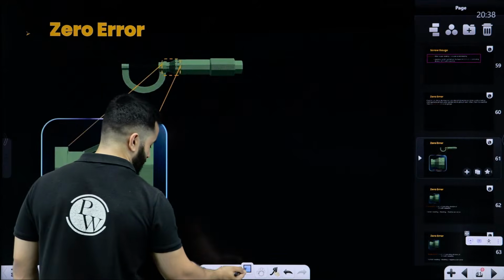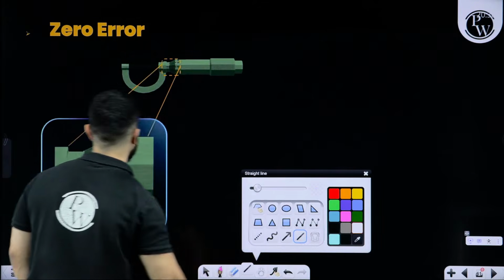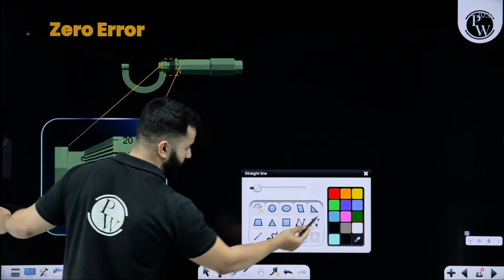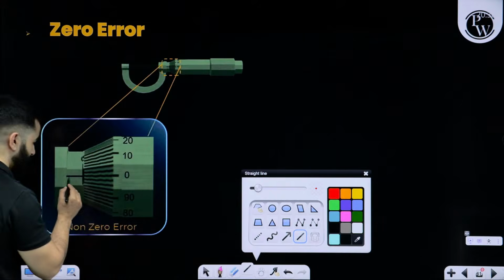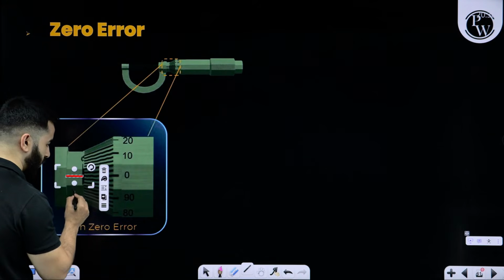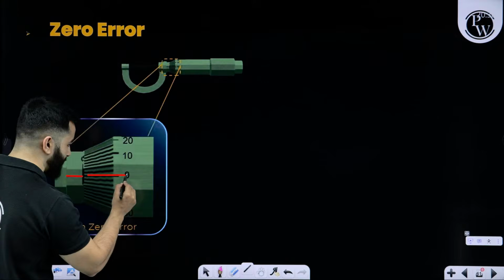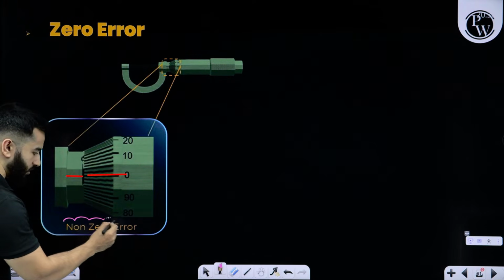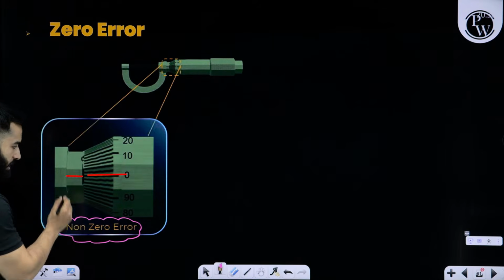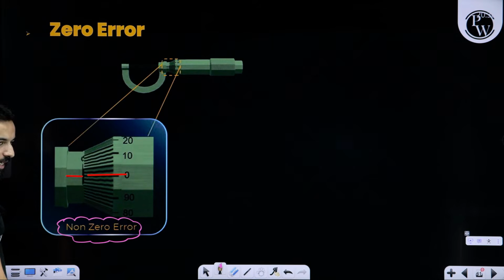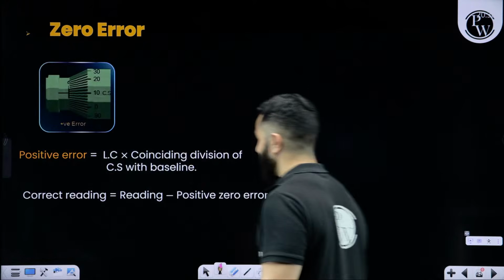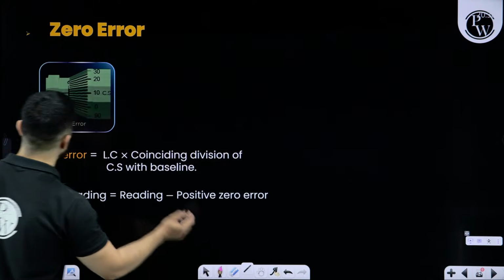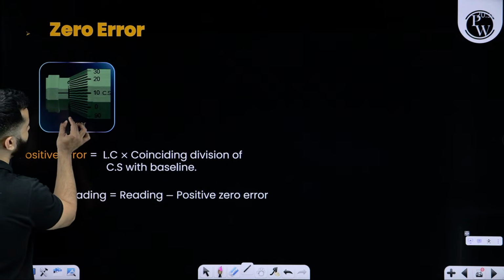My dear friends, if you have totally closed the screw, and the zero of the linear scale is coinciding with the zero of the circular scale, then that means there is no zero error if it is coinciding. Correct? Let's suppose the zero of the circular scale division is below.